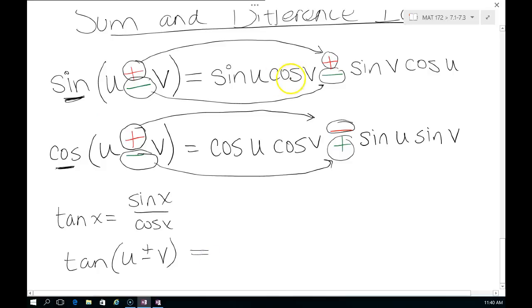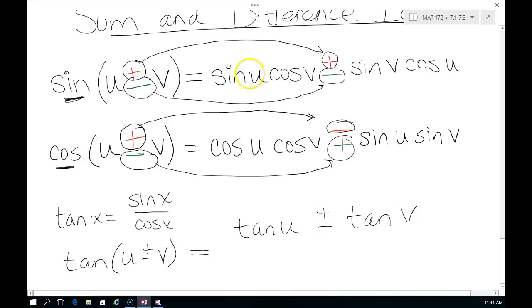So there's going to be some mingling and sharing and keeping the same sign in the top, and there's going to be some changing of the sign and some greediness in the bottom. So tangent of u plus v, in the top, you're going to do tan u plus or minus tan v. Okay, so they got separated, and you kept the same sign.